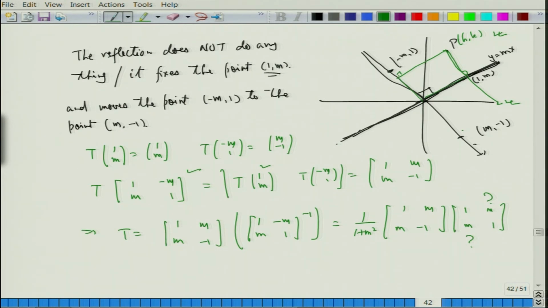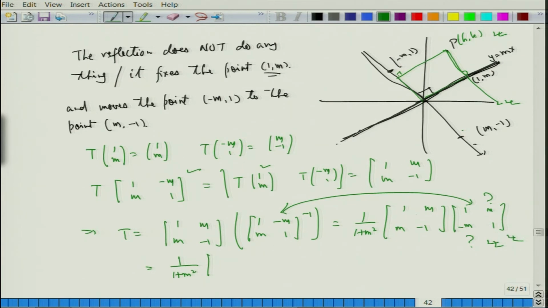You can use the adjoint method to get the inverse, or just verify that this into this should be identity. So it is 1 plus m squared here, m minus m is 0, m minus m is 0, m squared plus 1. Therefore, this is the inverse.